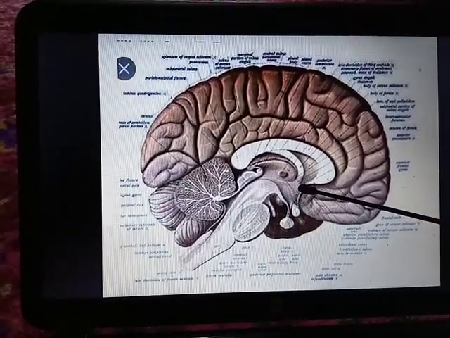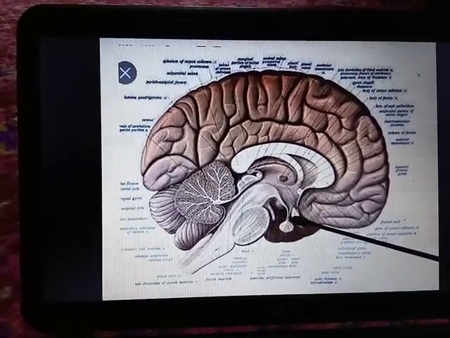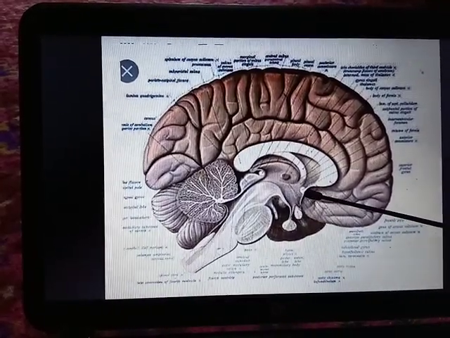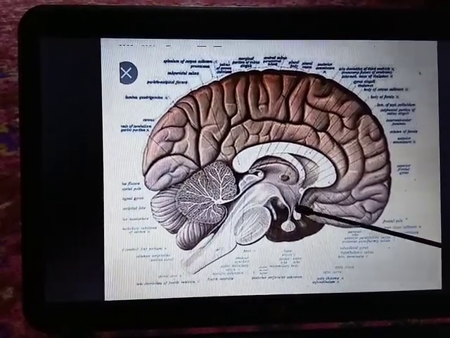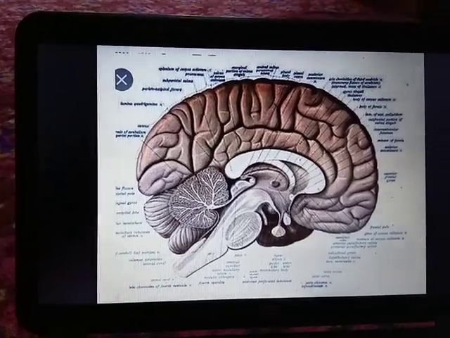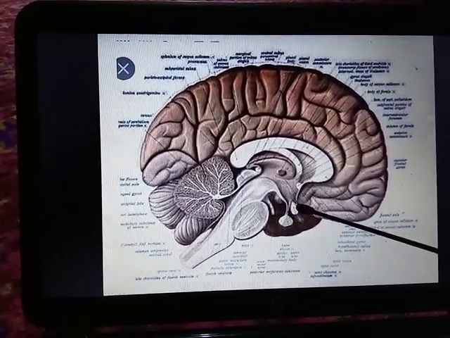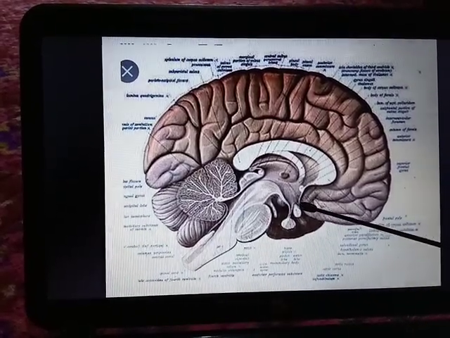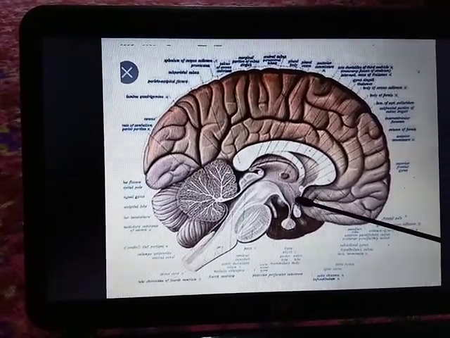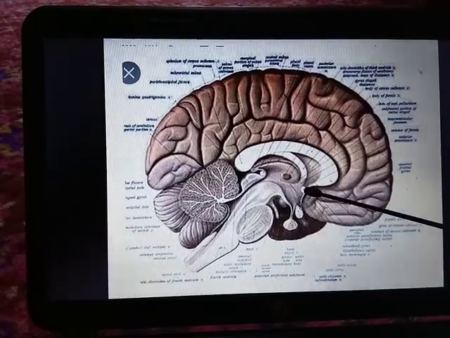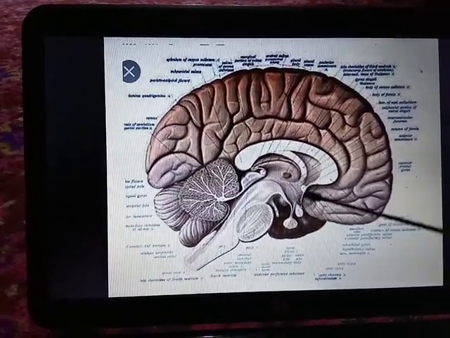This thin, thread-like connection, a thin lamina of nervous tissue, is called the lamina terminalis.